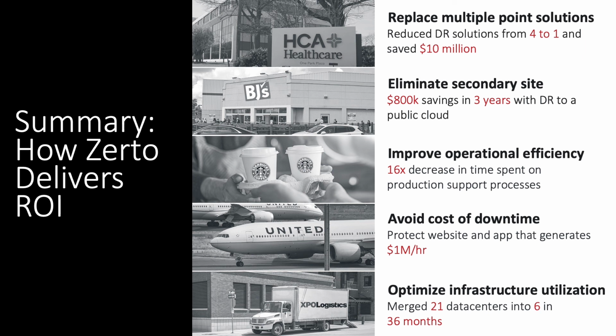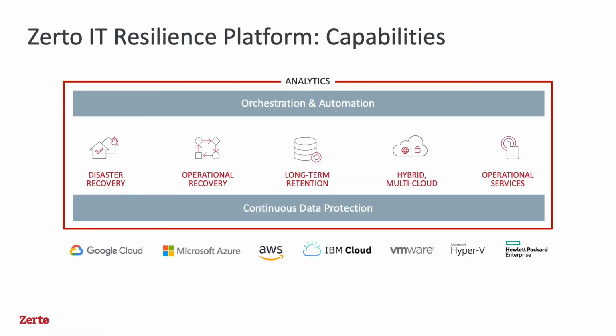So in conclusion, I want to take a look at what the platform is and how to summarize it. If you ever think of the Zerto IT Resilience platform, think of it as one solution, one true platform with one SKU for disaster recovery, operational recovery, and long-term retention, which translate to data protection, hybrid and multi-cloud, and operational services as well.